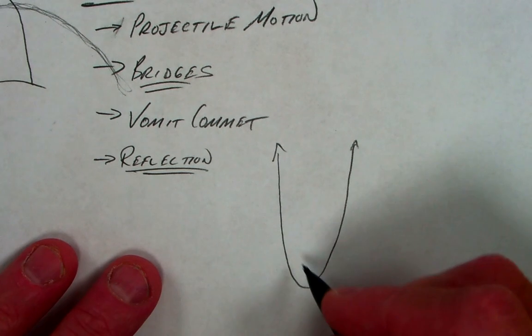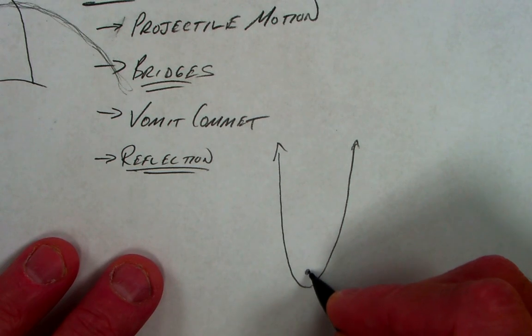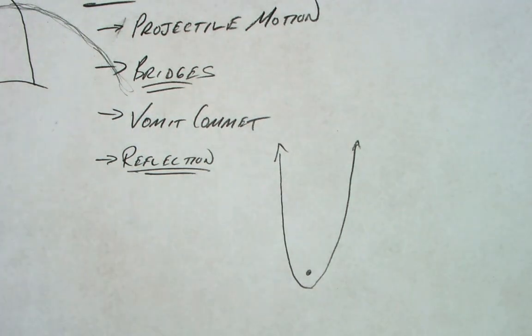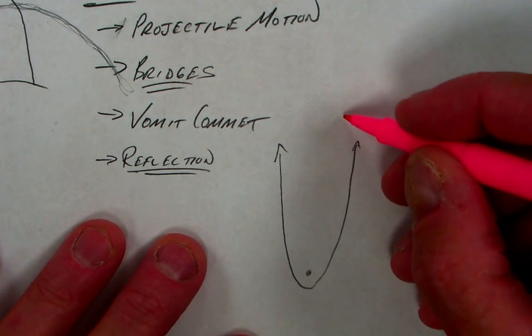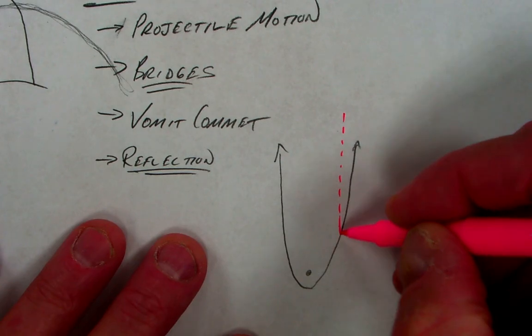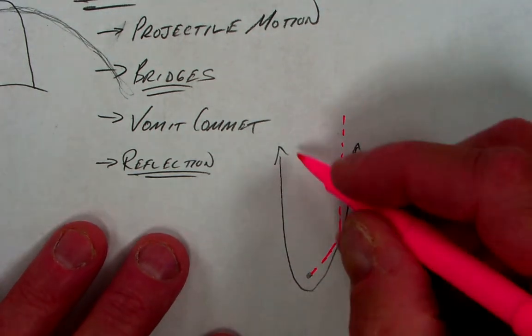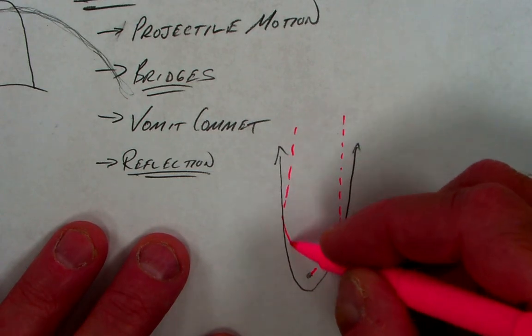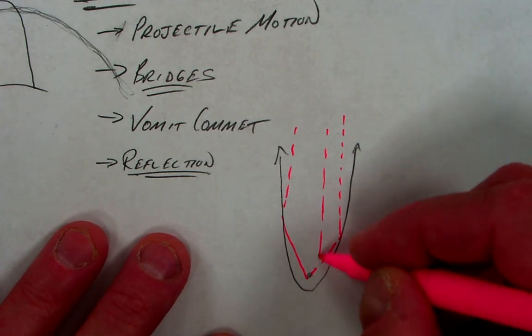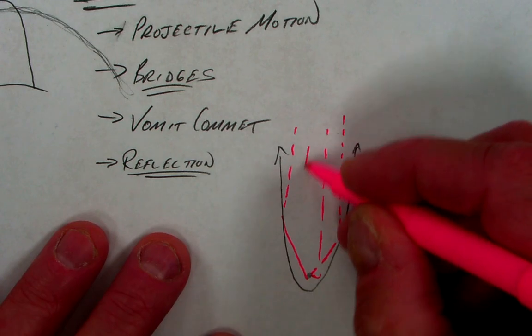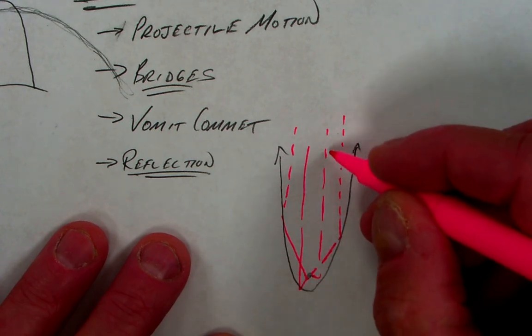It has an imaginary point here that's called a focus. You won't need this for your test or anything, but this is just to try and stimulate your interest in what we got going on. If I've got some energy coming in, it's going to bounce off the side and it gets shot towards the focus. If I have some energy coming in here, the reflective qualities of a parabola bounce everything right to that focus.